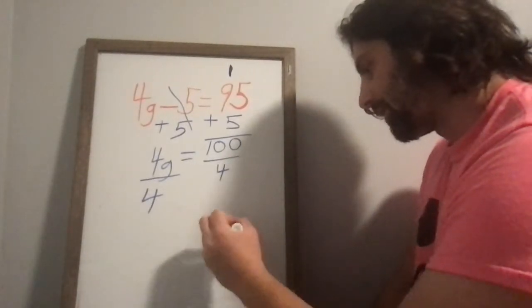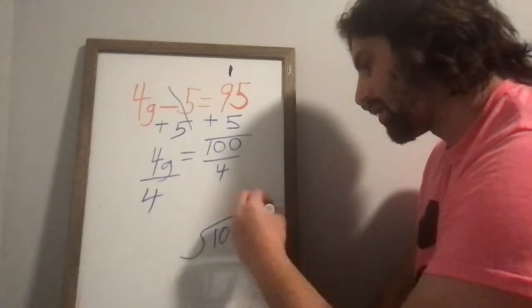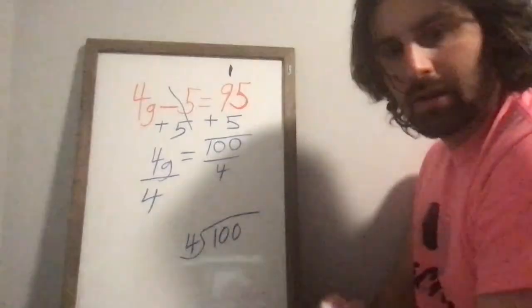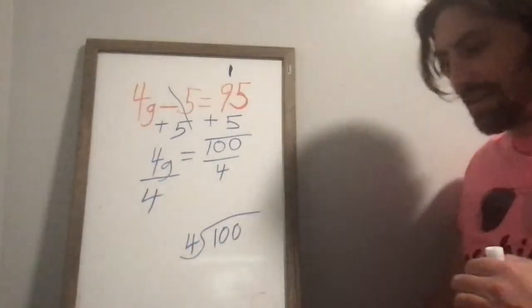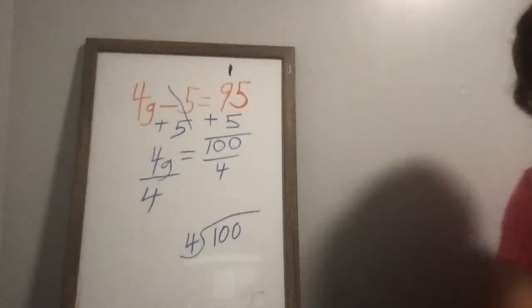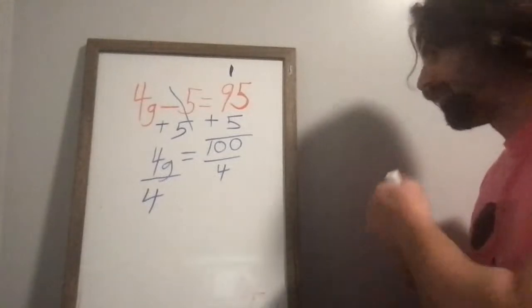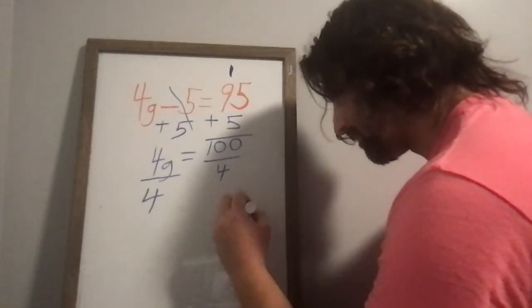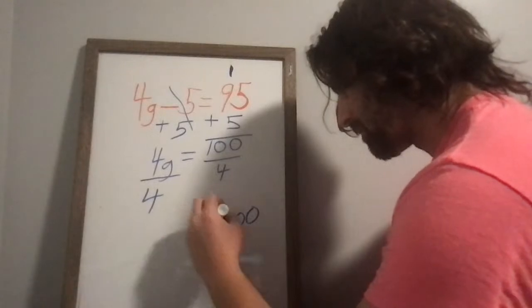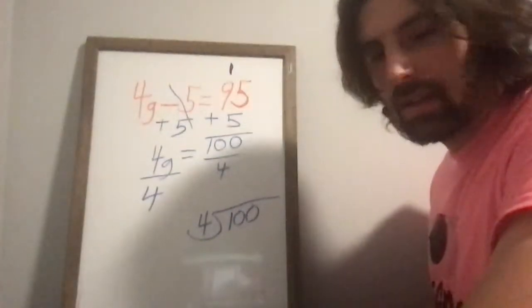So I'm going to bring the division problem down here. Let me grab an eraser like that so it doesn't look ridiculously slanted. 100 divided by 4.